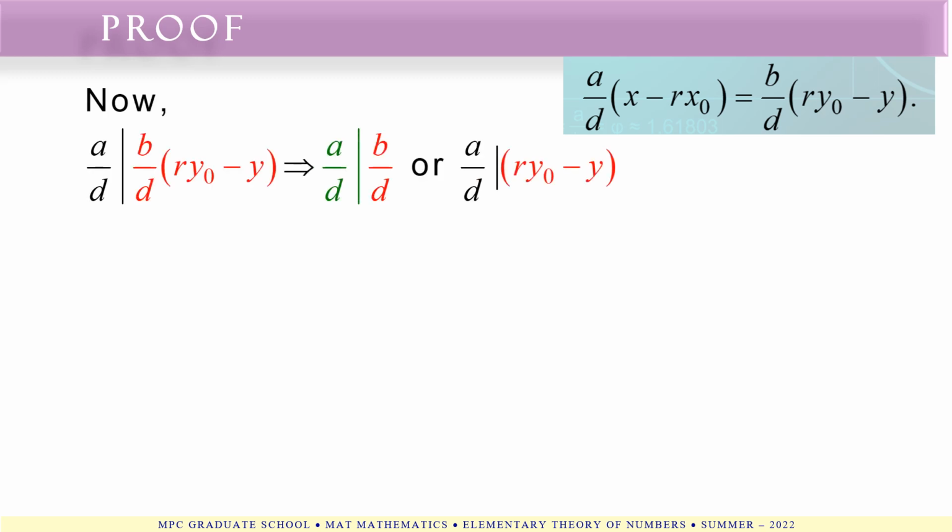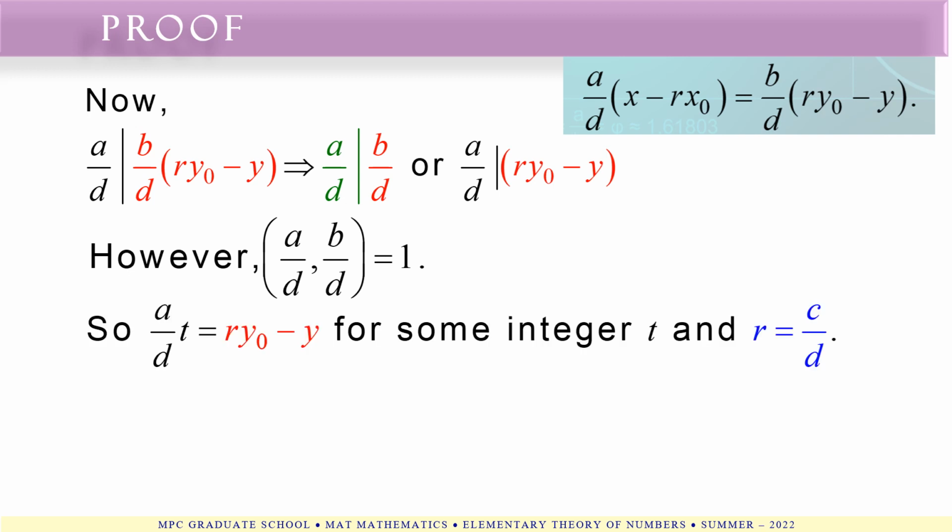Now let's divide to get the general solution for y. a over d divides b over d times (r y sub 0 minus y), so a over d divides r y sub 0 minus y. However, a over d and b over d are relatively prime, so the gcd equals 1.